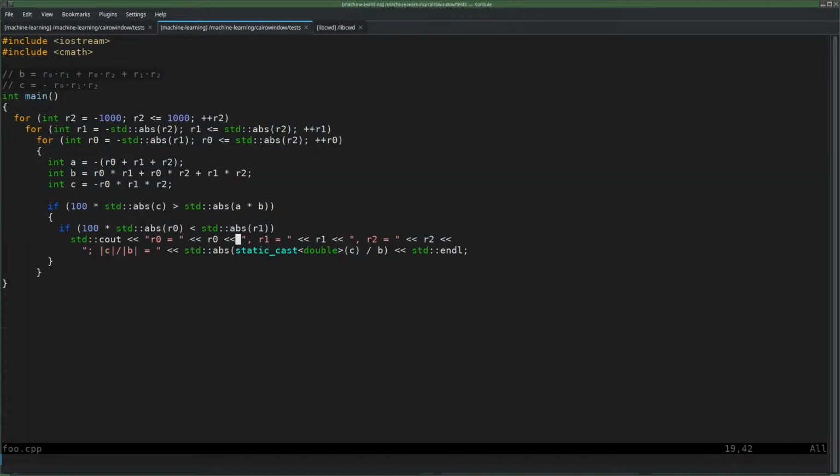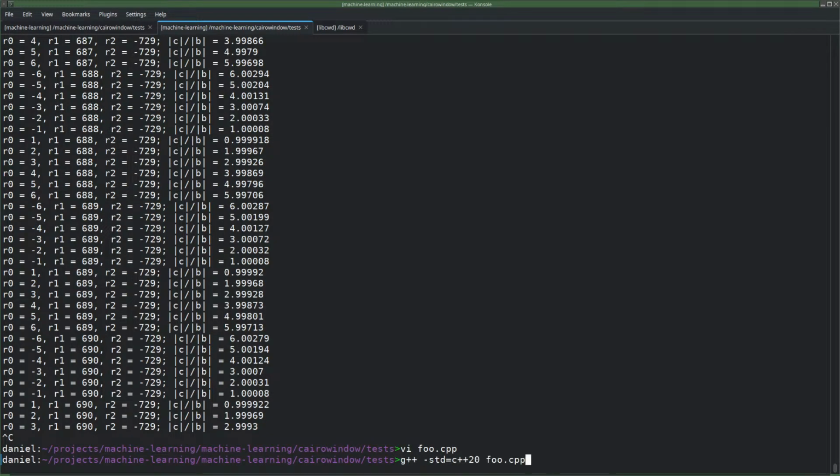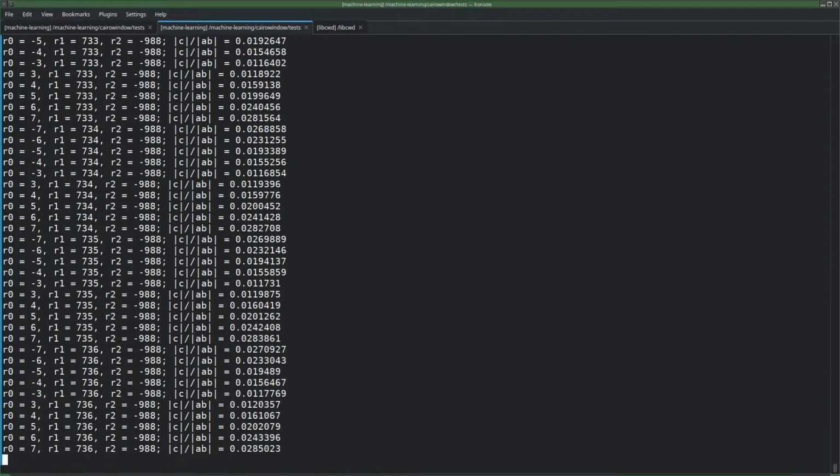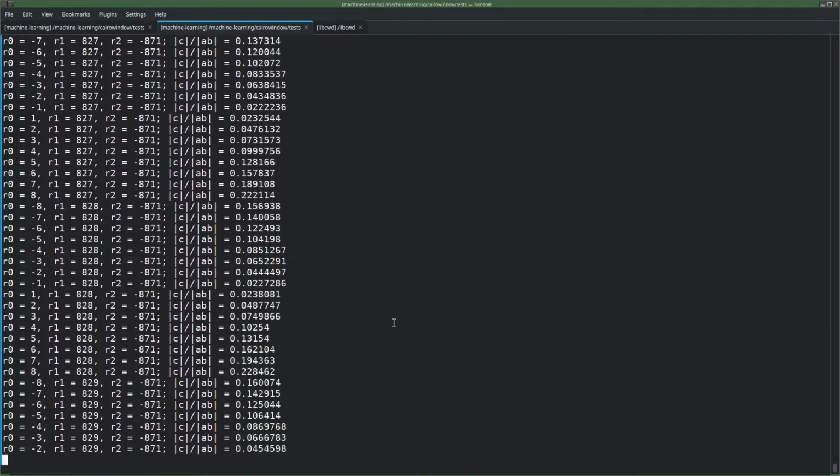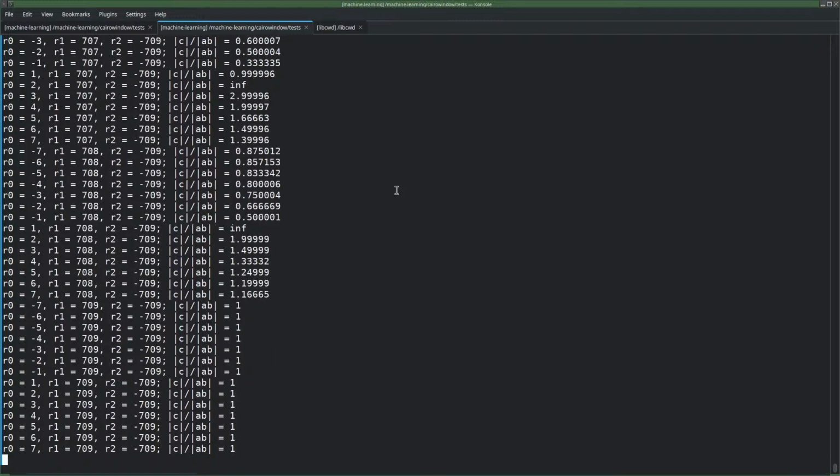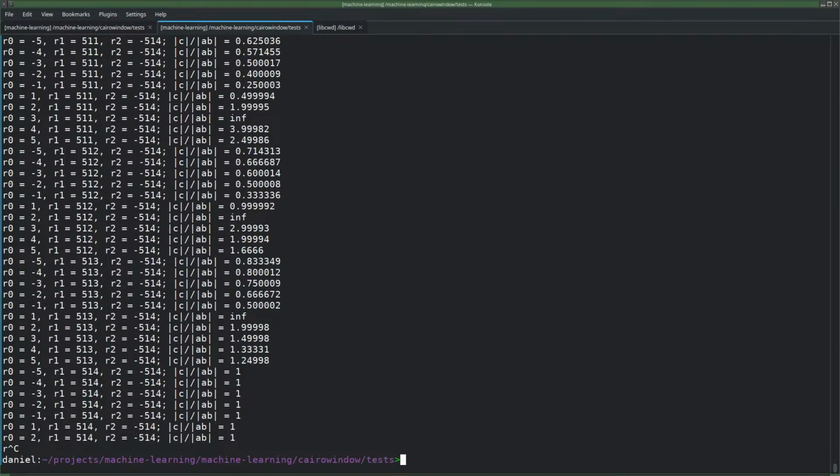We're now talking about C divided by A times B. Infinite even.